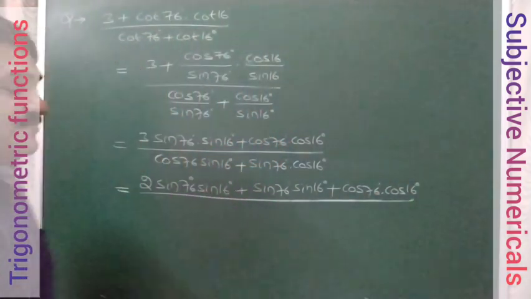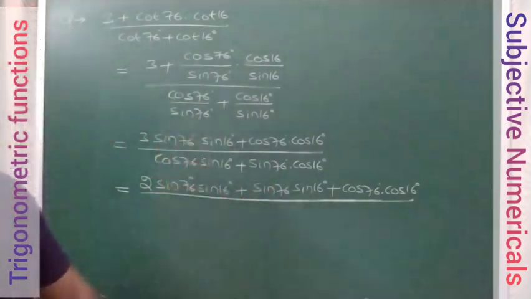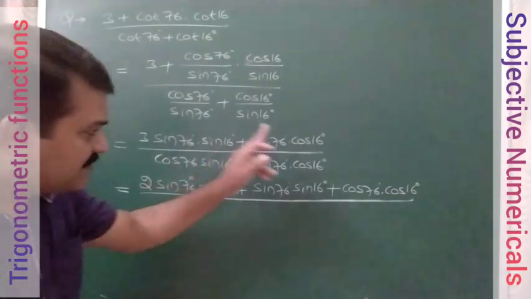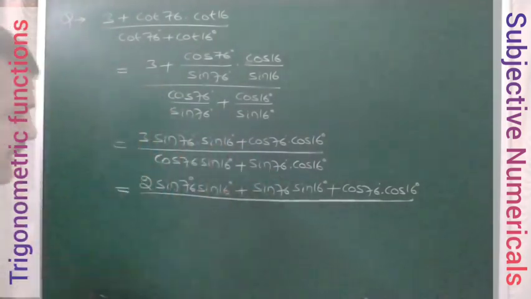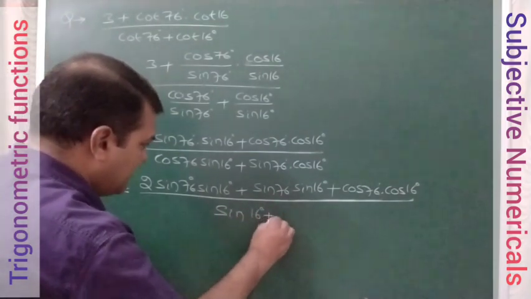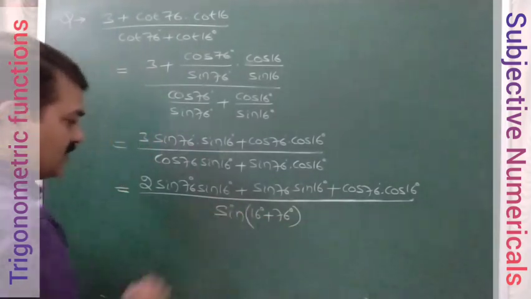Denominator, you observe that it is sin A cos B plus cos A sin B model. Sin A cos B plus cos A sin B. So denominator is sin of A plus B. Okay.